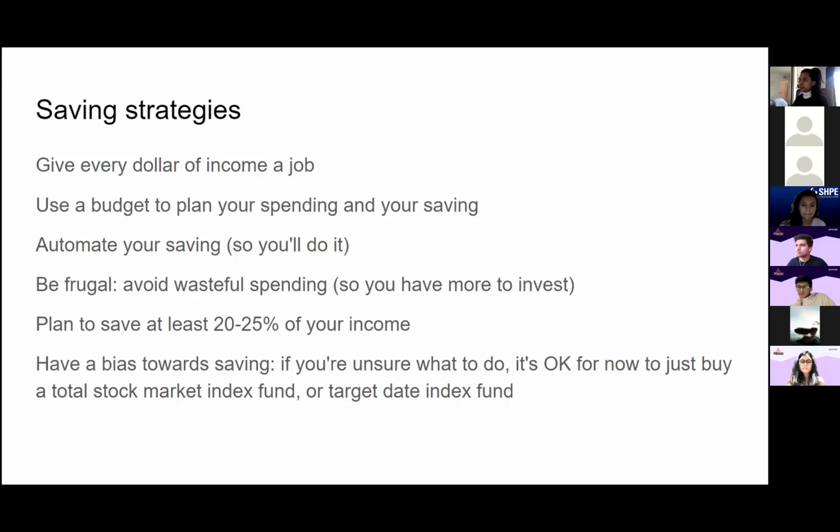So that's the idea, is you have to prioritize. You can spend your money a million different ways, but you don't have unlimited income, so you have to prioritize, and that's why you use a budget. A budget is simply a means of prioritizing how you're going to spend your money.